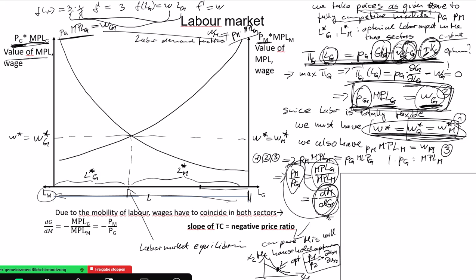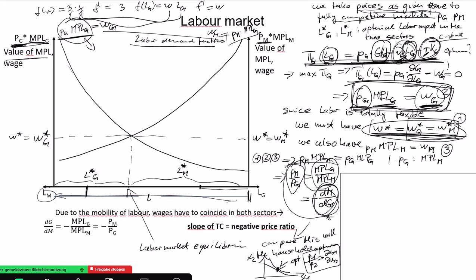Well, and if we take it graphically, then we can say, moving here from the left downward, this represents labor demand. Oh, I have written it down here. Labor demand in the agricultural sector. And then everybody who is working in the agricultural sector cannot work in the industrial sector.